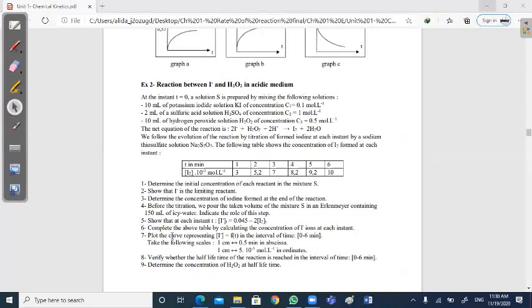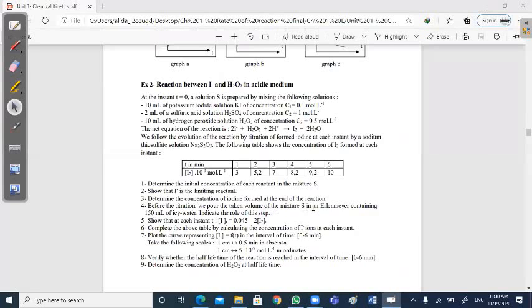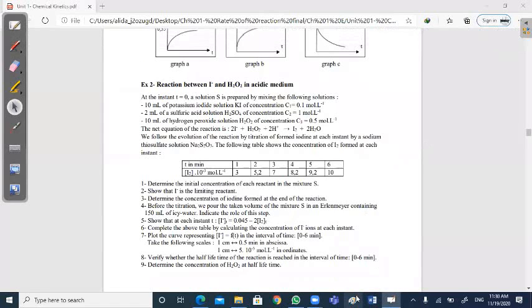Now, before the titration, we pour the taken volume of the mixture S in another mug containing 150 mL of icy water. Indicate the role of this step. Why do we put it in icy water?